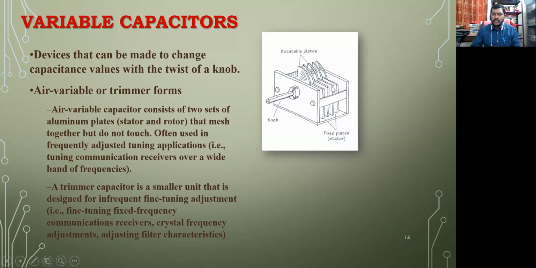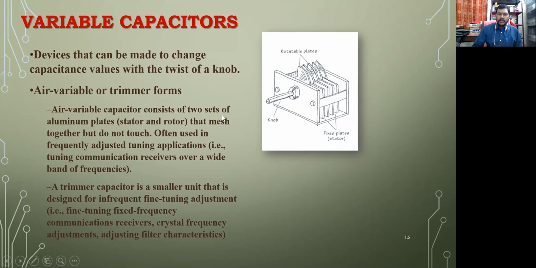And these are the stationary plates, which are square in form, and these can be moved with this knob. Just as you increase or decrease the volume of a system, similar is this knob. As you go on increasing or decreasing, the area of overlap in these plates goes on increasing and decreasing. Accordingly, the capacitance of the capacitor can be varied, right? So these are called variable capacitors.